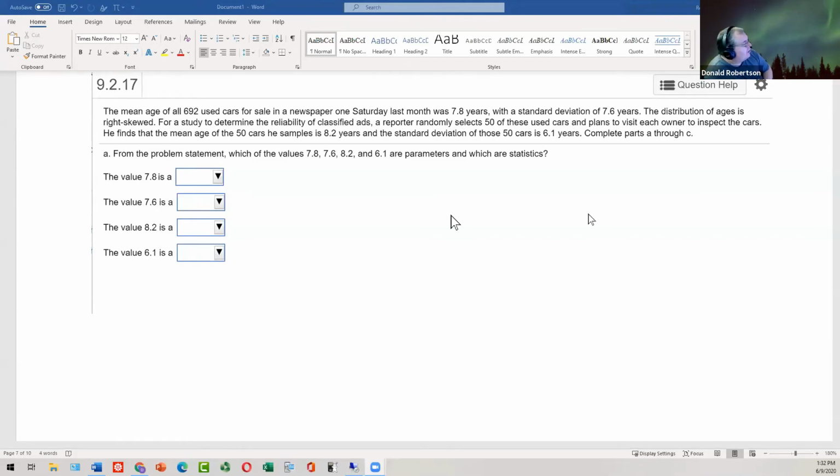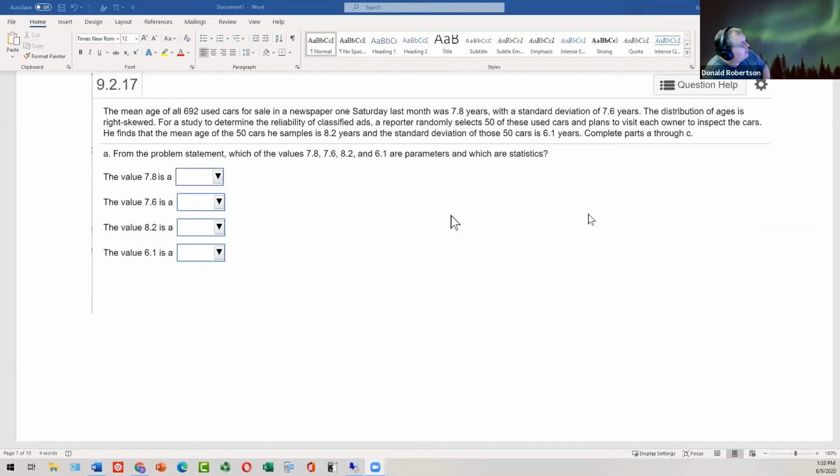The next question: the mean age of 692 used cars for sale in a newspaper one Saturday last month was 7.8 years and the standard deviation is 7.6 years. Okay, so our population is 692 here. The distribution of ages is right skewed.